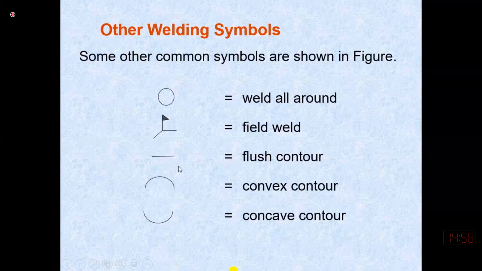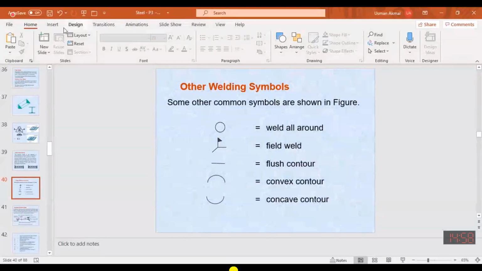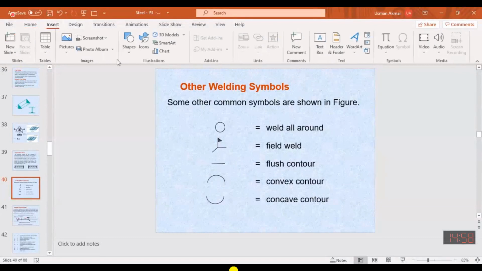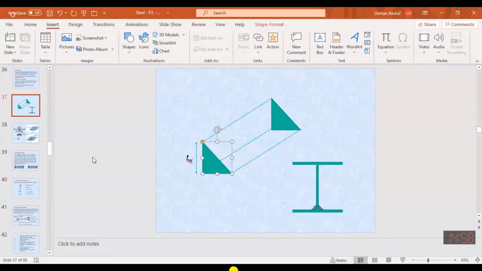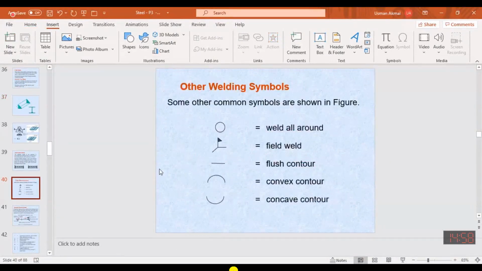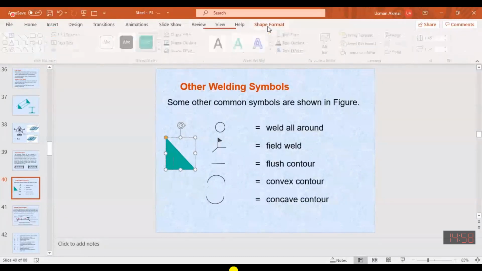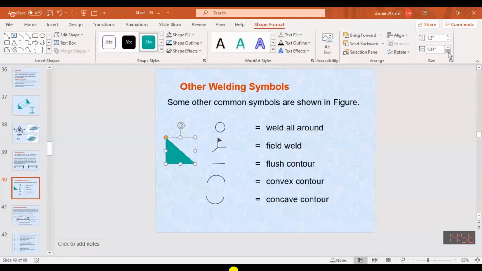Flush contour. So if the shape of the weld is this one, that is the flush contour. Maybe triangular.